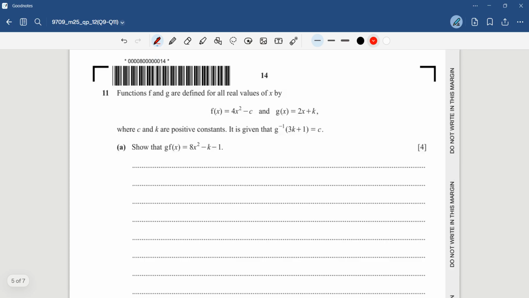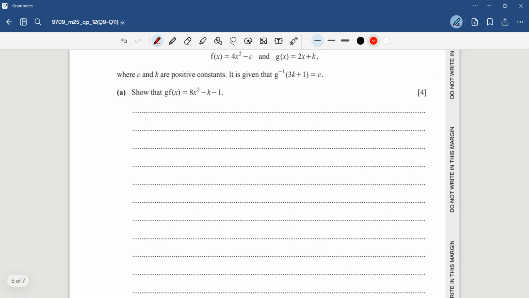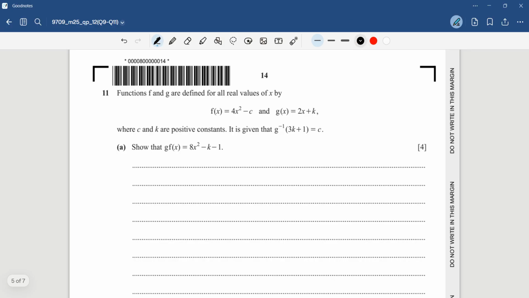The functions f and g are defined by this, where c and k are positive constants. It's given that g inverse equals this. So we just try to find gf(x) first. g is 2f(x), so 4x squared minus c plus k.